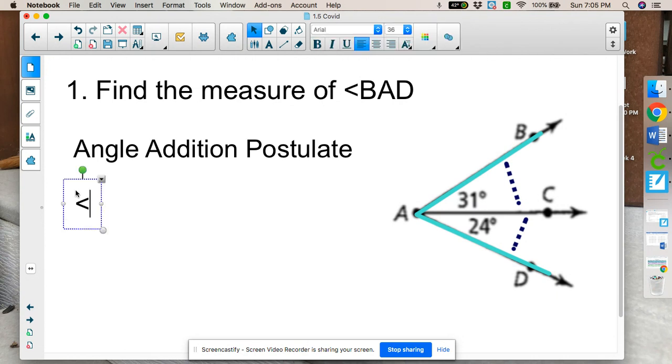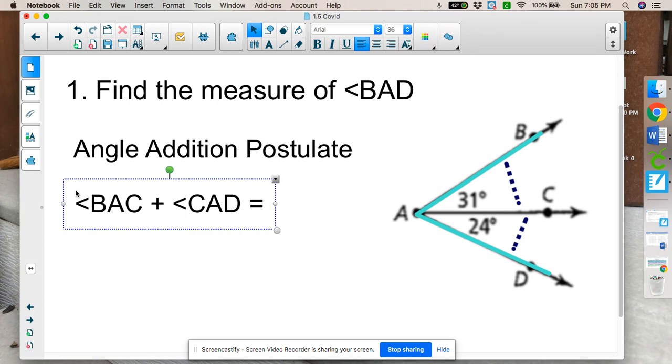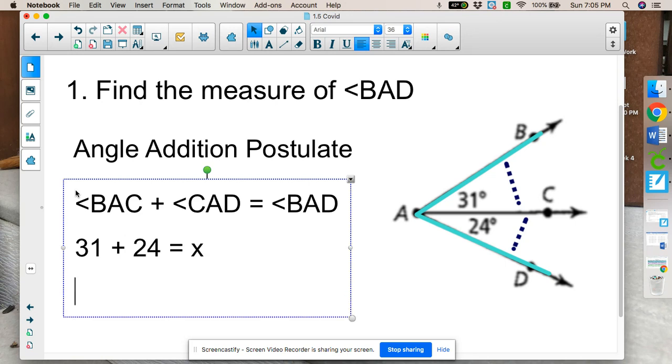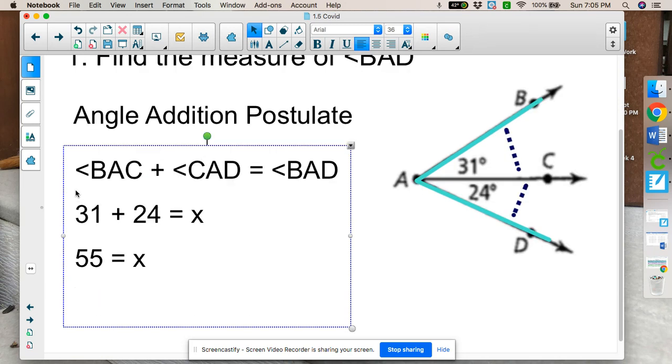I could say angle BAC plus angle CAD is equal to the measure of angle BAD. And then I could substitute in. Well, angle BAC is 31 degrees. The measure of angle CAD is 24, and that's what I'm trying to solve for, is angle BAD. So 31 plus 24 is 55. So that means the measure of angle BAD equals 55 degrees.